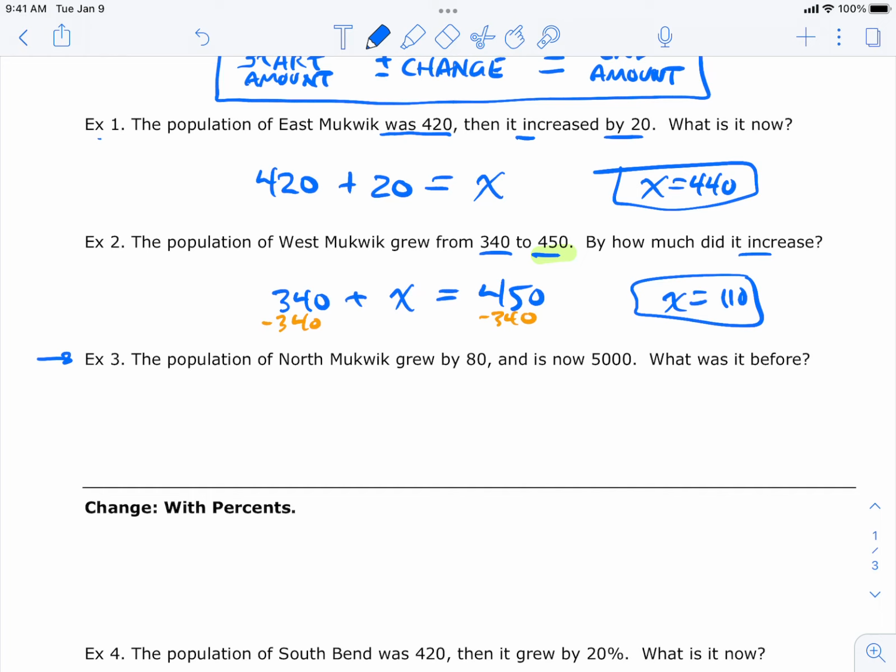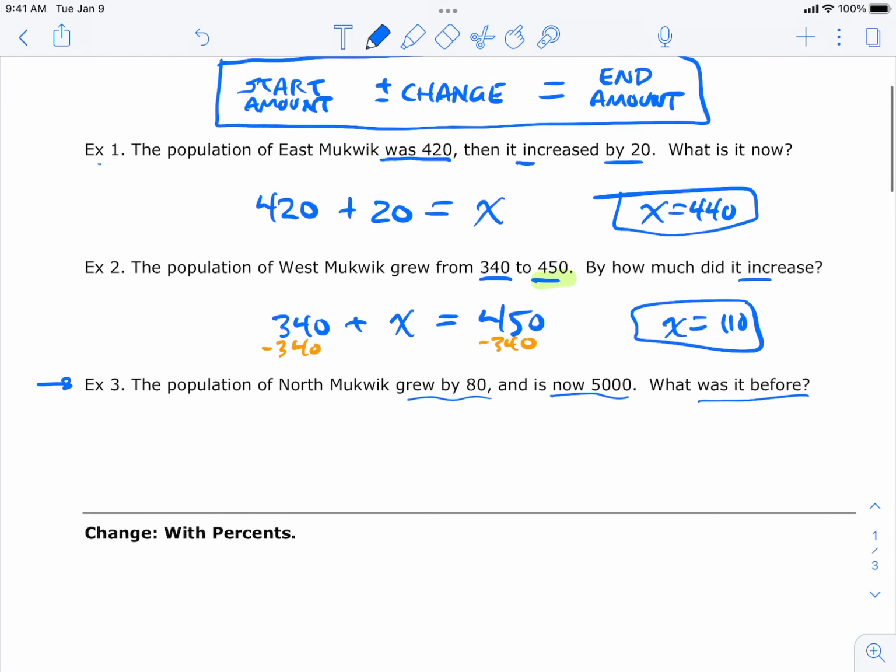The population of North Muckwick, it grew by 80. Okay, it's now 5,000. What was it before? So back to our formula up here. What did we start at? We don't know. That's where the x goes. Now in this case it grew, so again we add. It grew by 80, so the 80 goes there. It ends at 5,000.